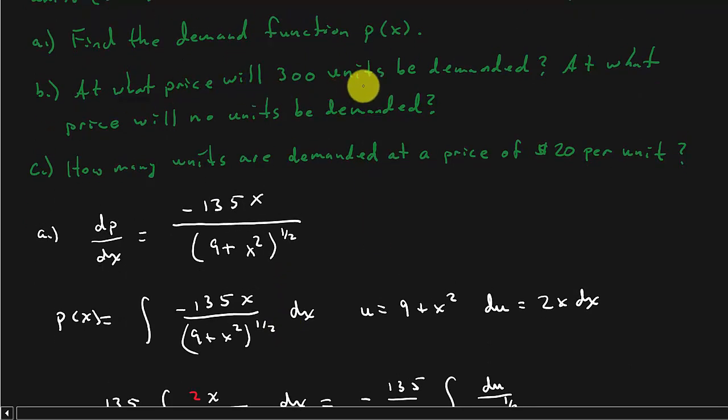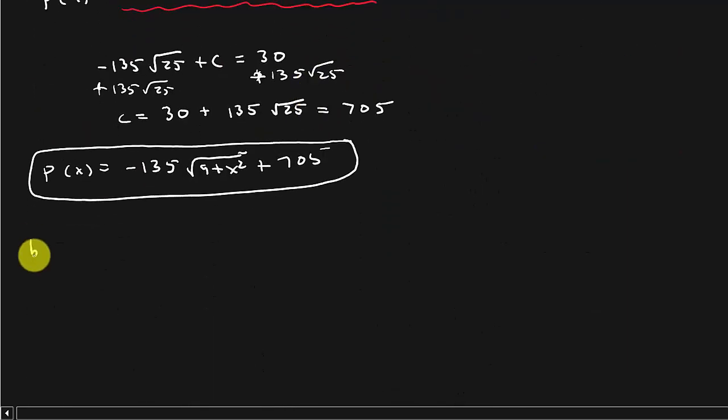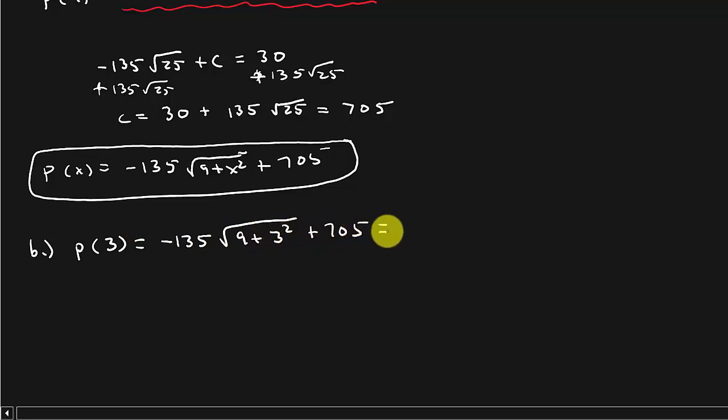And then it says, at what price will 300 units be demanded, and at what price will no units be demanded? So they're wanting us to plug, remember this would be X equals 3, and no units, that would be X equals 0. So for part B, they want to know P of 3. P of 3 is equal to negative 135 times the square root of 9 plus 3 squared plus 705. And that will be, let's see, I've got the answer right here.